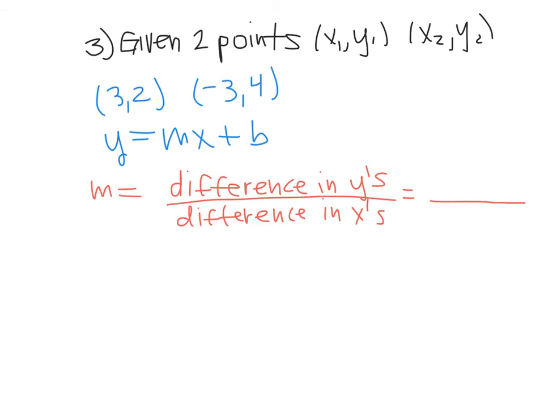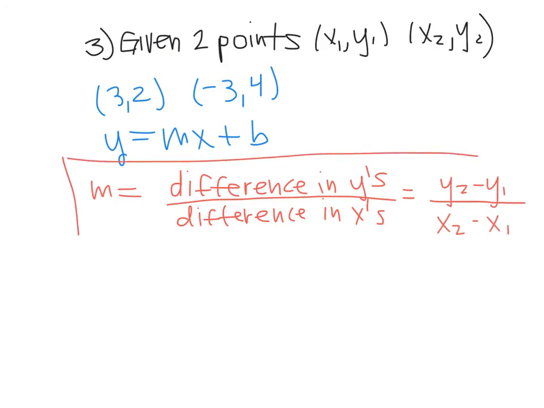So x1, y1, and x2, y2. All right, so in general, then, the equation to find the slope is the difference in the y's, y2 minus y1, over the difference in the x's, x2 minus x1. Okay, so that is your overall equation for the slope.